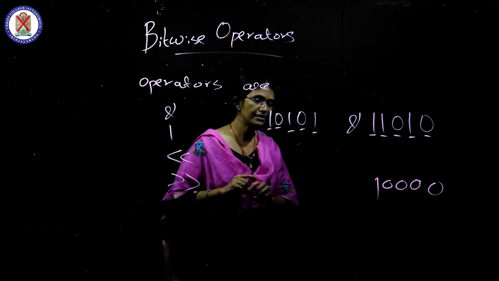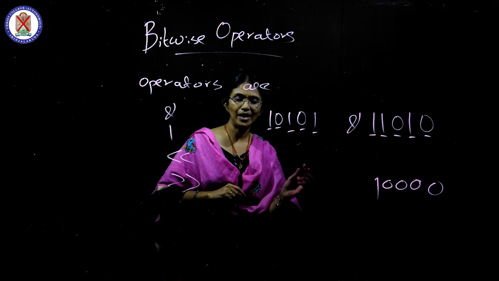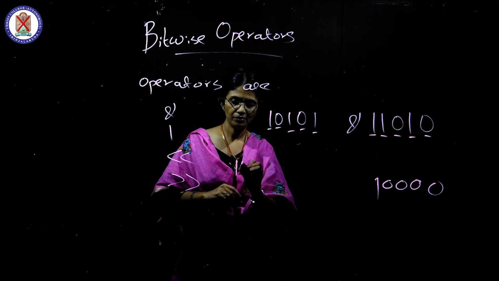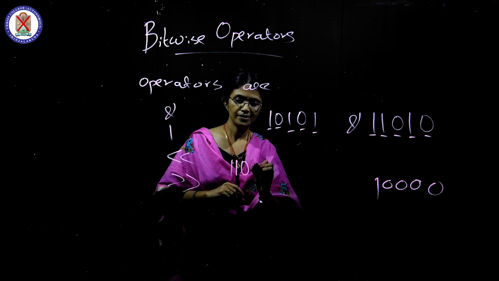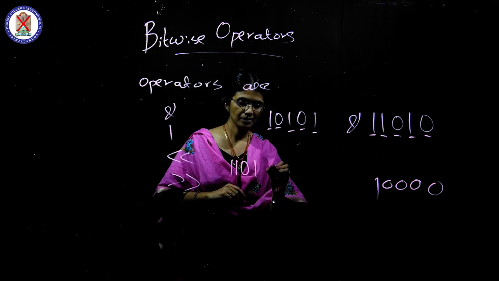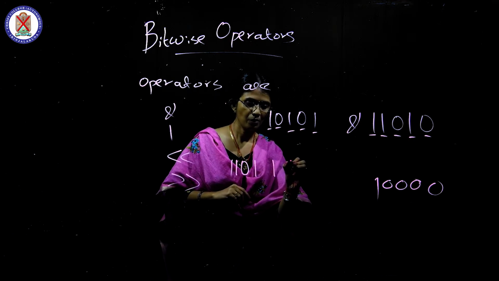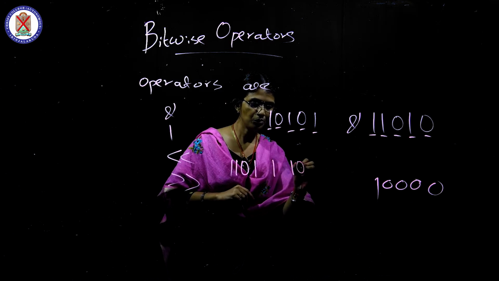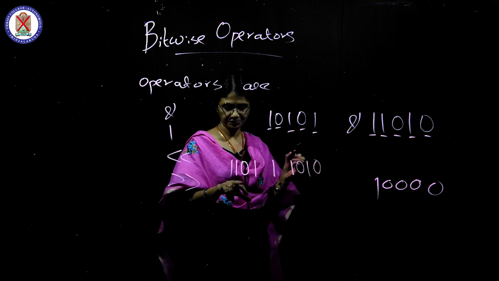Next we can see what the OR operation is between two values. 1 1 0 1 OR 1 0 1 0.